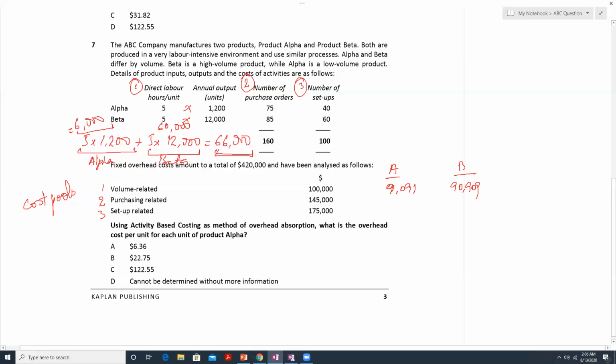These purchasing related overheads total 145,000, and they are linked to the number of purchase orders. There are 75 purchase orders for alpha out of 160. So I'll multiply this 145,000 by 75 and divide by 160 to get 69,969.